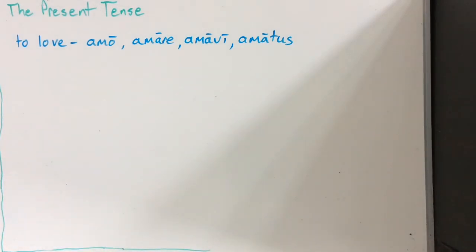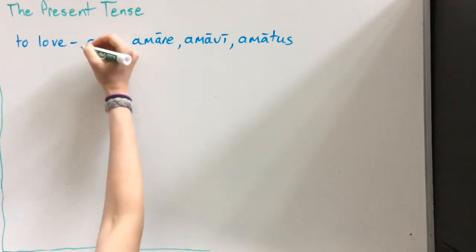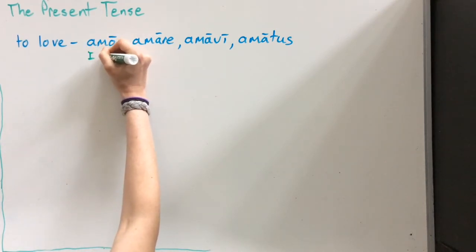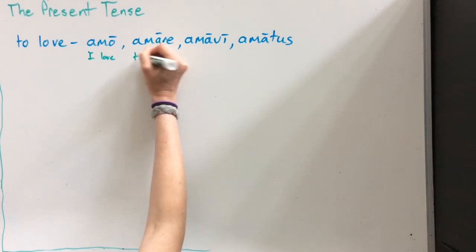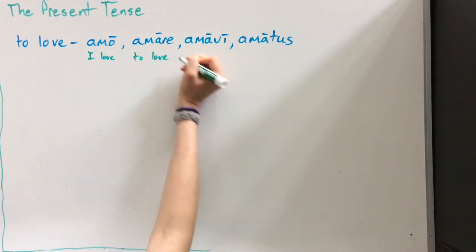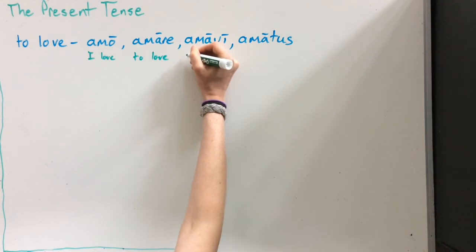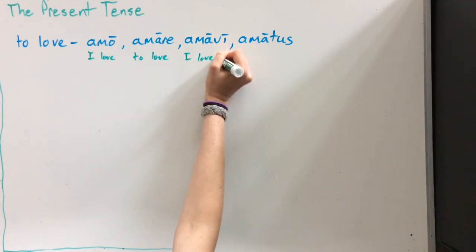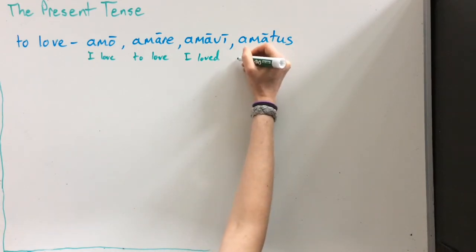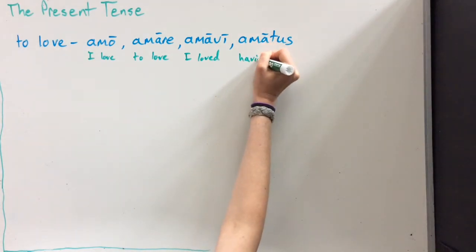Now these forms represent the first person singular present, I love, the present active infinitive, to love, the perfect active first singular, I loved, and the perfect passive participle, having been loved.